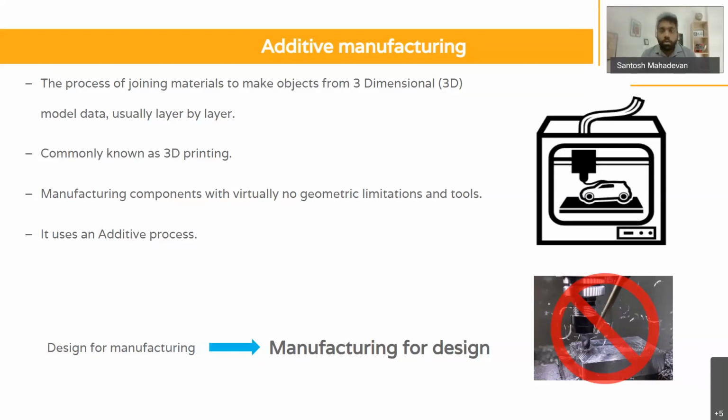So the whole point of additive manufacturing is that it takes the classical design for manufacturing concept and completely flips it into manufacturing for design. To give you more clarity on this, let me give you an example from everyday life as an industrial designer.